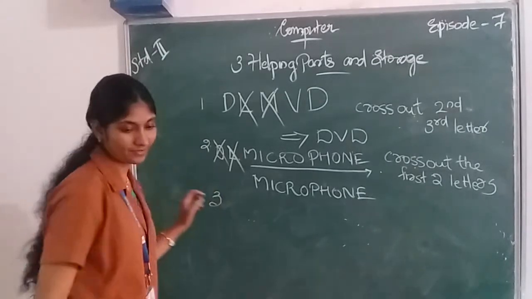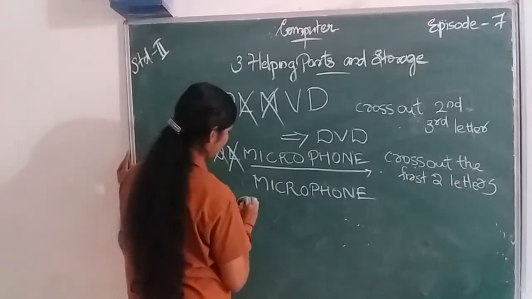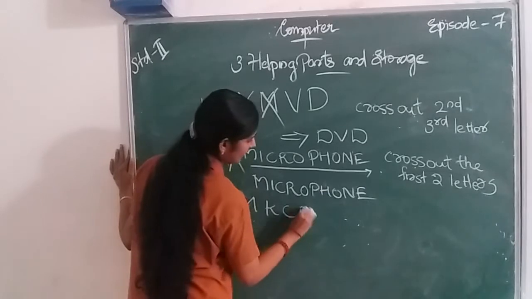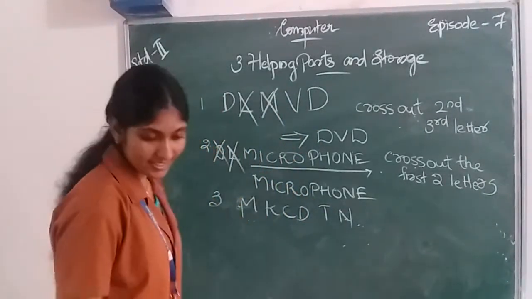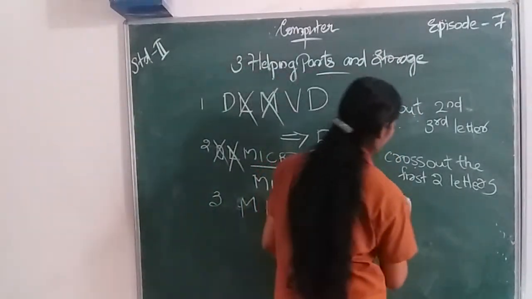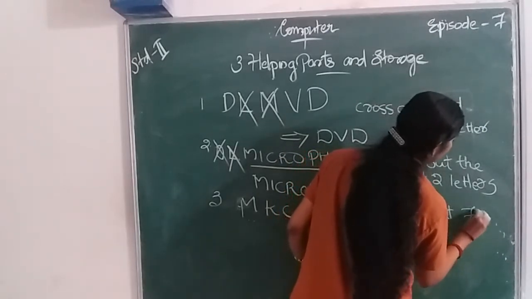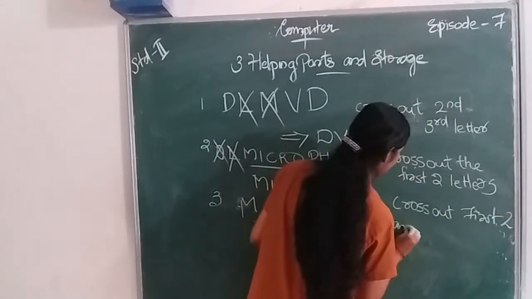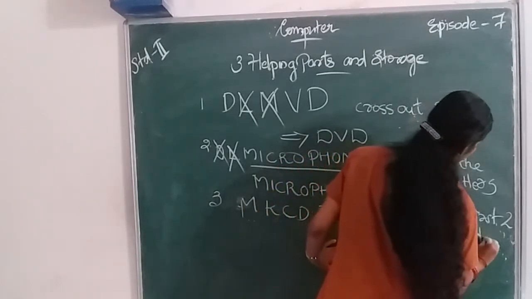Third question. MKCDTN. So the hint here is cross out the first two and last two letters.